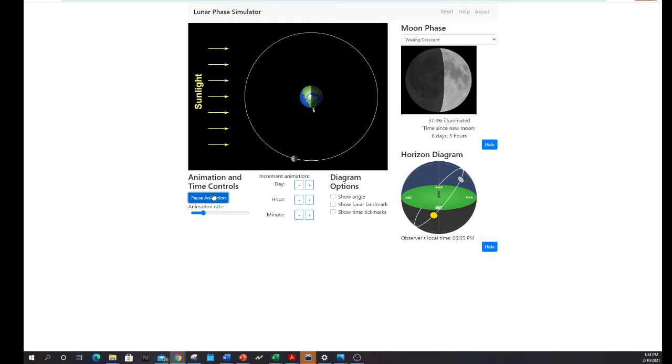So at about a quarter of the lunar phase cycle, we have what is called the first quarter moon, because it marks the first quarter of the lunar cycle. And this occurs about a week after the new moon.